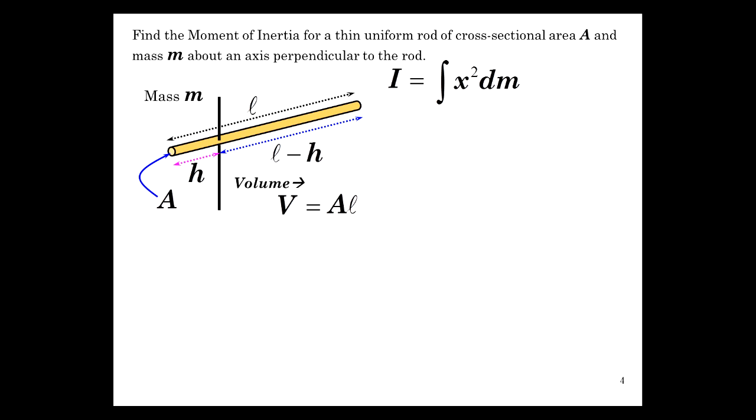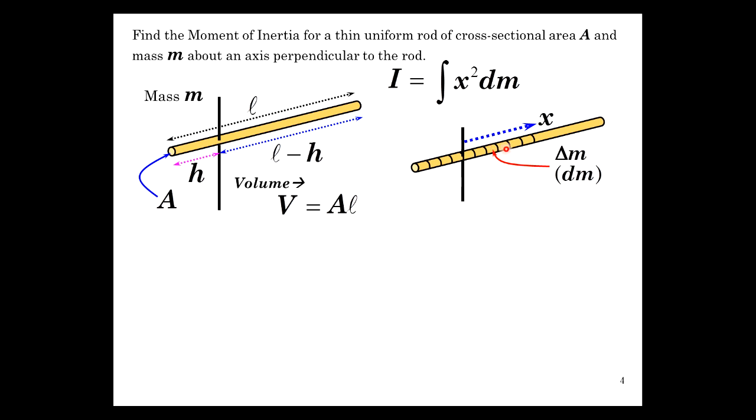Well, it's not immediately obvious what to do there because we've got this dm. How are we going to integrate the dm's? So let's look at how we can break this up into its little tiny dx's. So x is in this direction.